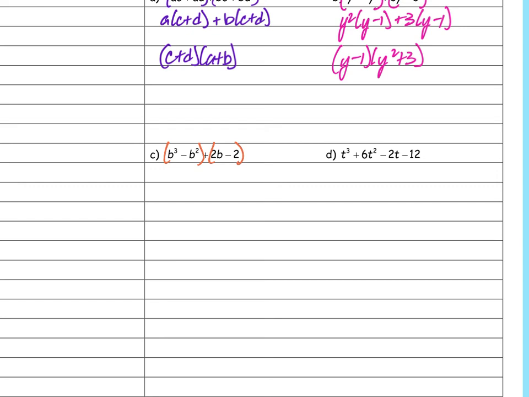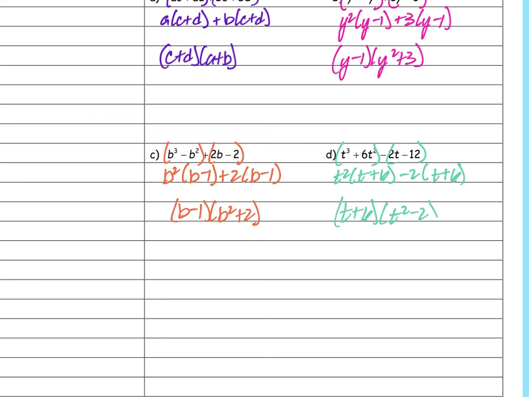So b squared gives me b minus 1, plus 2 gives me b minus 1. So b minus 1 times b squared plus 2. And then the last one would be t squared is t plus 6, minus 2 would be t plus 6. So I get t plus 6 times t squared minus 2.